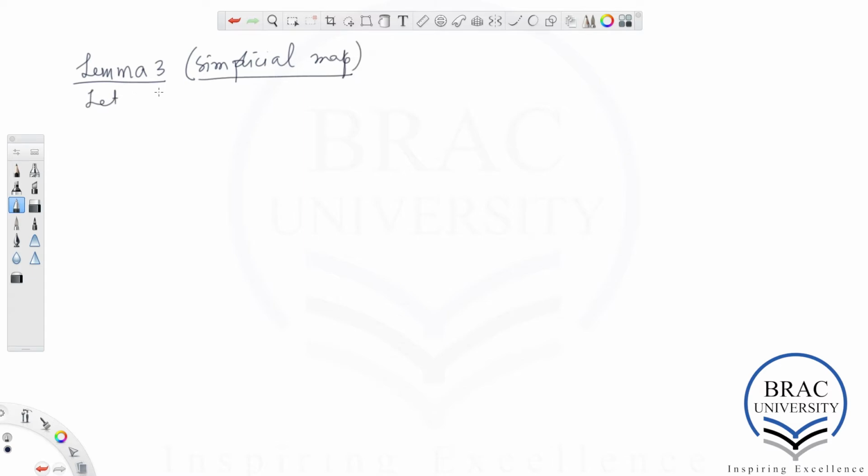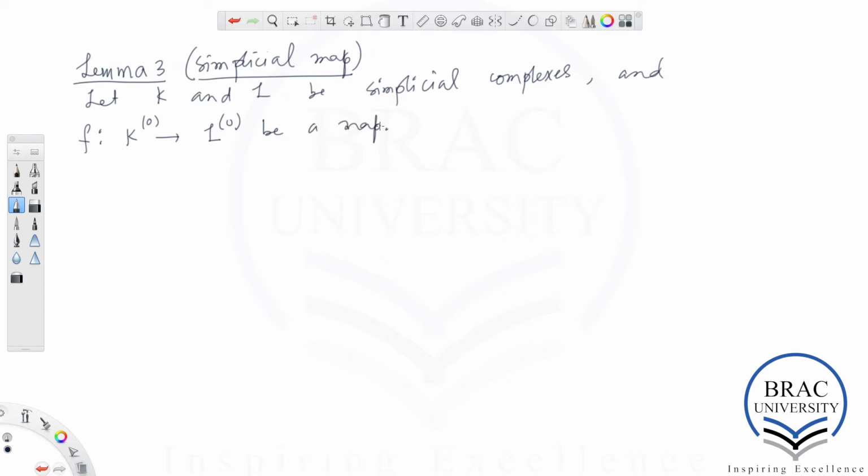Let K and L be simplicial complexes, and f be just a map between the corresponding vertex sets. So in lemma 3 we don't require f to be a bijective correspondence. Observe that it's needed to be just a map.